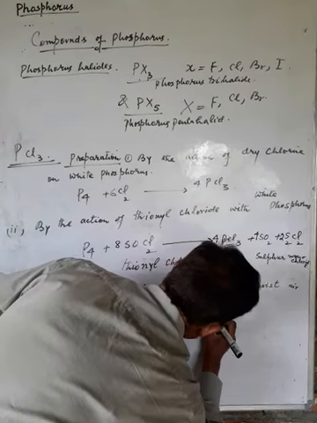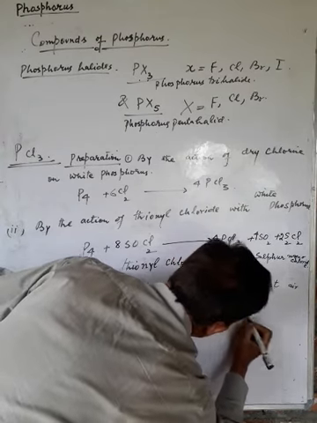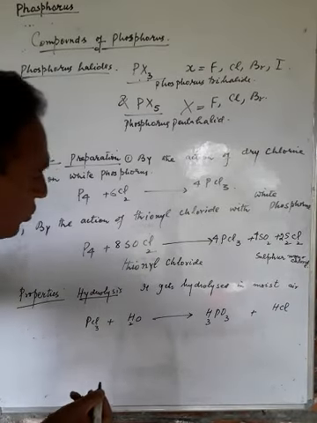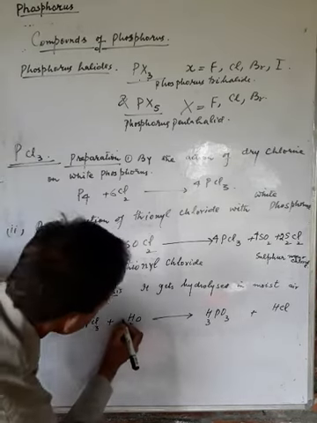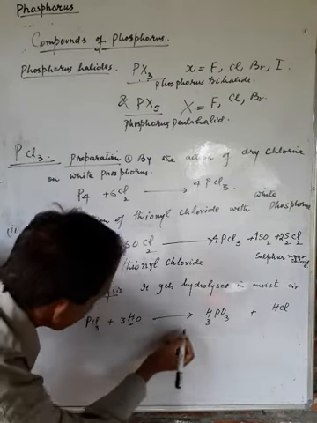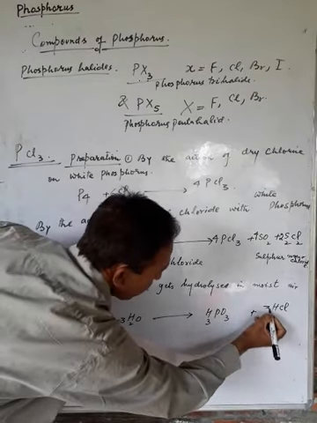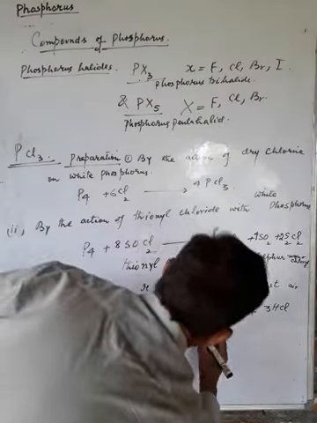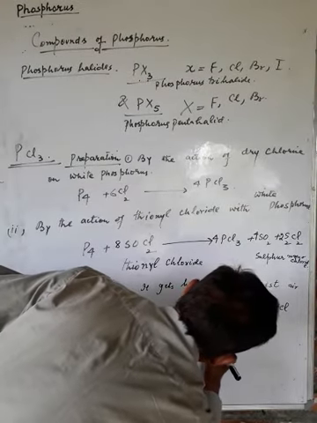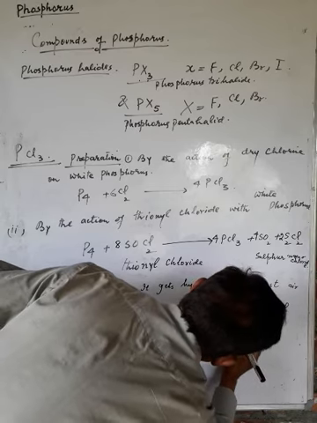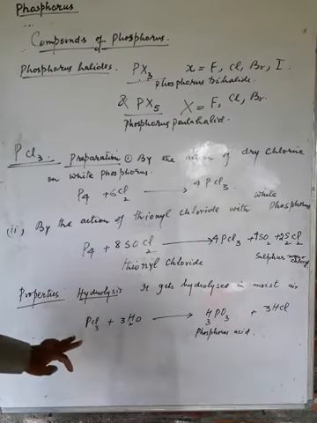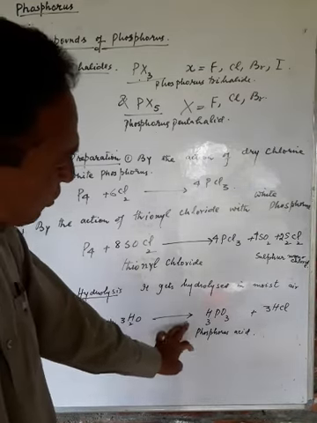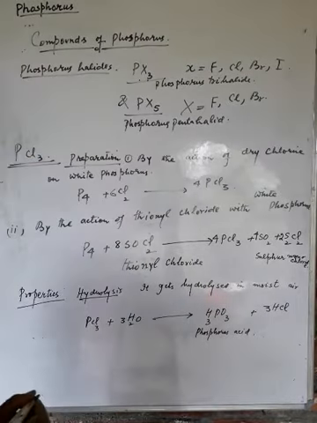So H3PO3 plus 3 HCl; balancing, hydrogen 6 times, phosphorus 1 time. This is phosphorus acid. So when phosphorus trichloride is hydrolyzed in moist air, it forms phosphorus acid and hydrogen chloride.